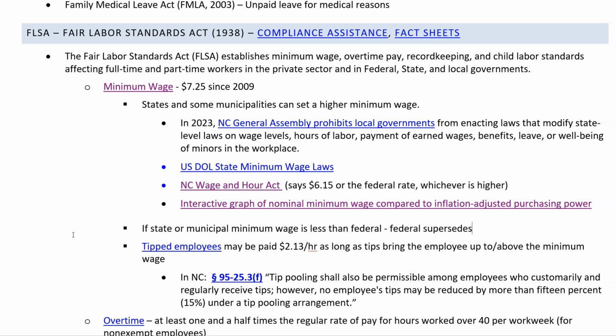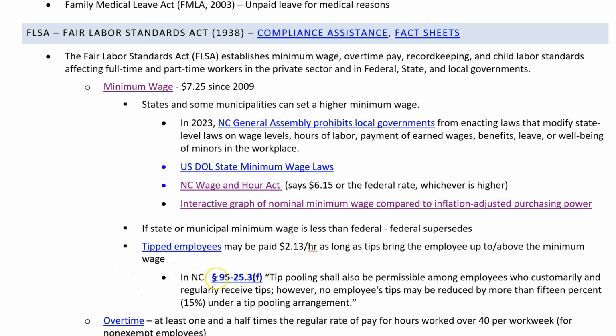And if your tips don't bring you up to that level, then your employer is supposed to make up the difference. I can't think of a lot of examples where an employee has gone in and complained that they haven't made at least the minimum wage and then gotten their employer to pay that difference. But that is the way the law works, that's what's supposed to happen.